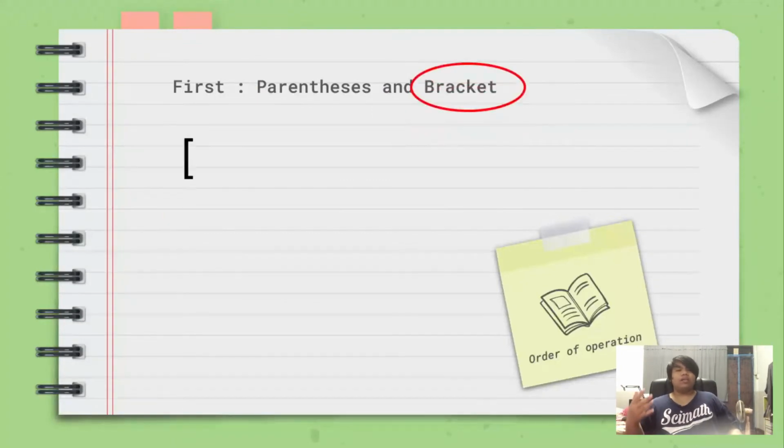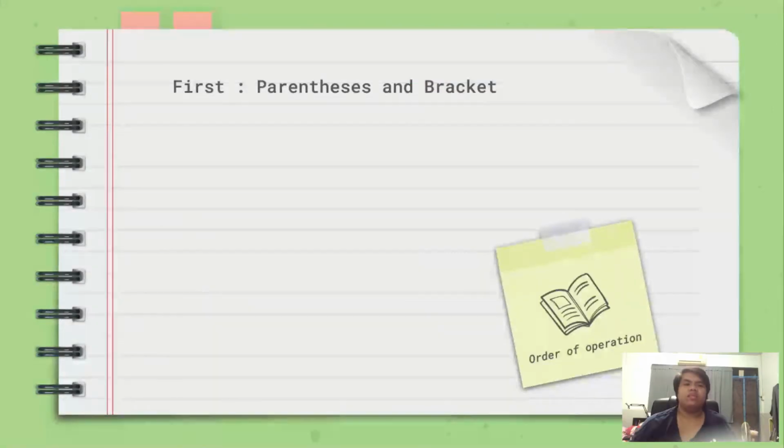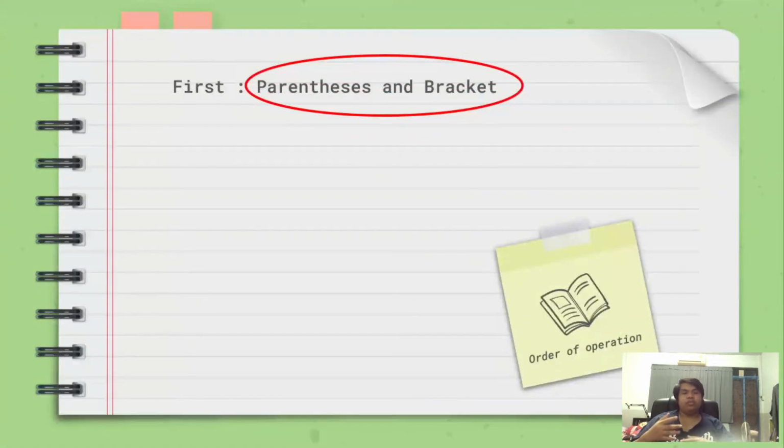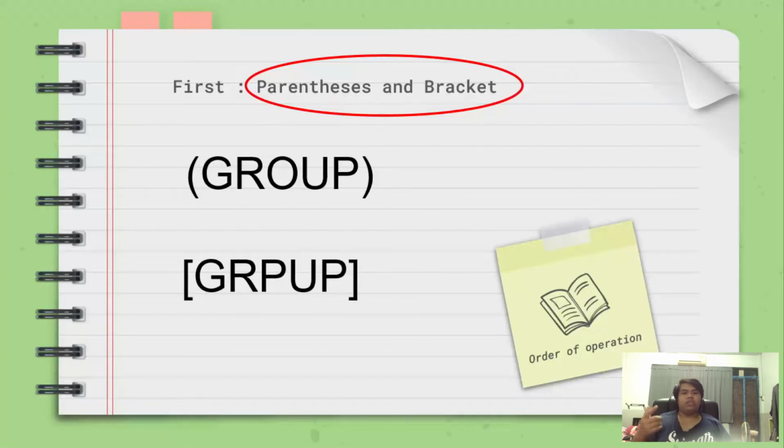Brackets work exactly the same way as parentheses. They just have a different shape. They look a little more bossy, but they mean exactly the same thing. So parentheses and brackets are used to group things together, and our rule tells us to do any operation inside this group first.